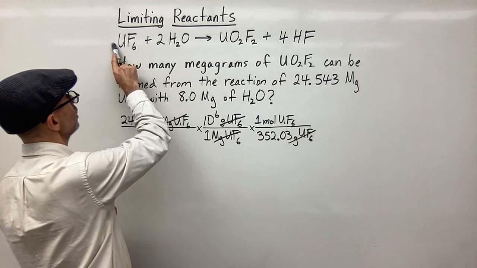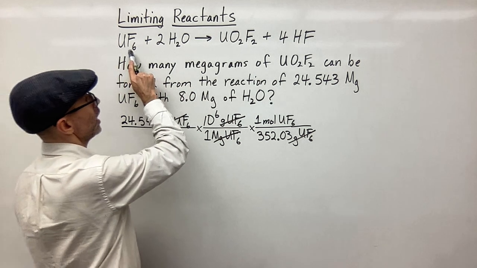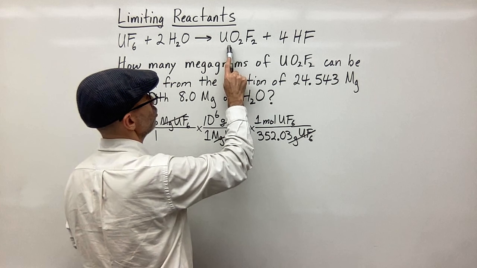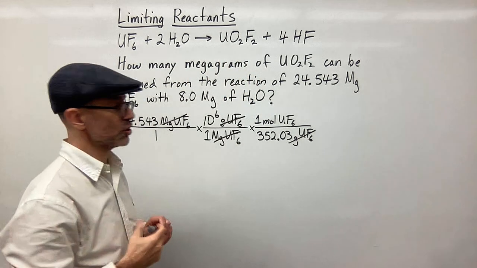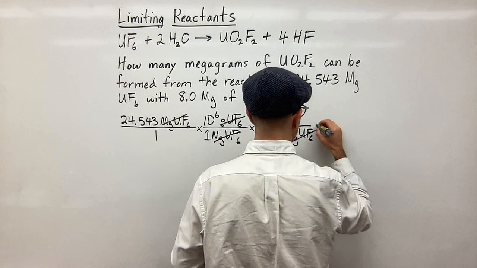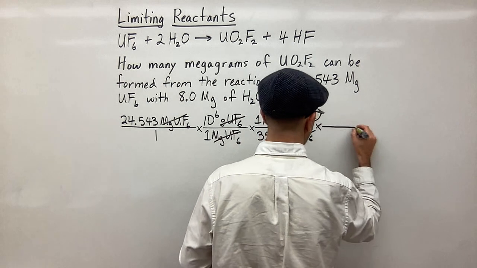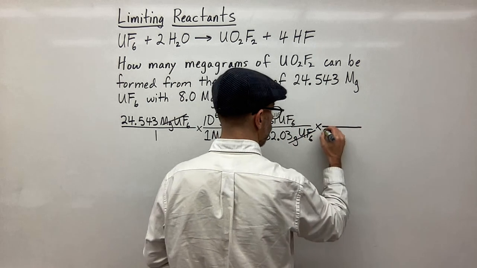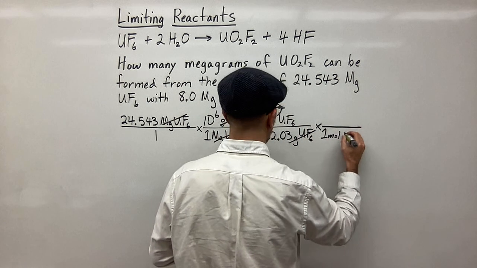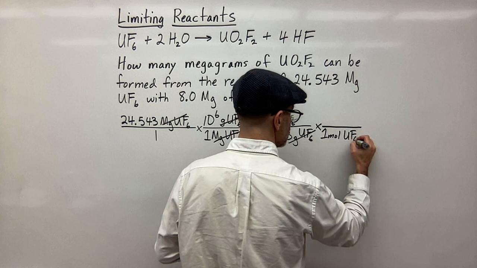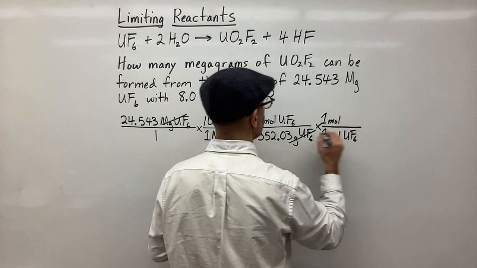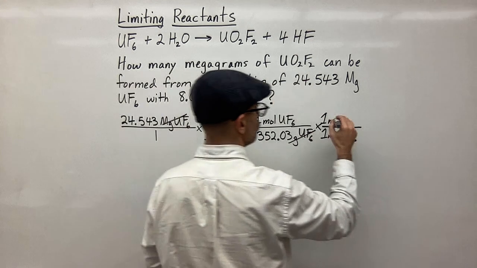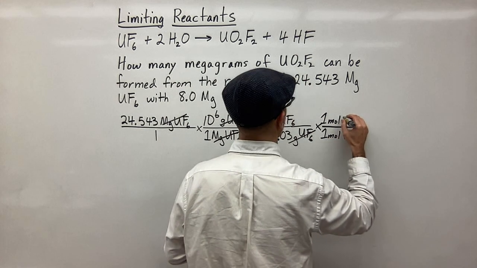So 1 UF6 is related to 1 UO2F2. So it's a 1-to-1 ratio here. So I do that ratio. That's going to be my conversion factor. So I have 1 mole of UF6 on the bottom and 1 mole of UO2F2 on top.